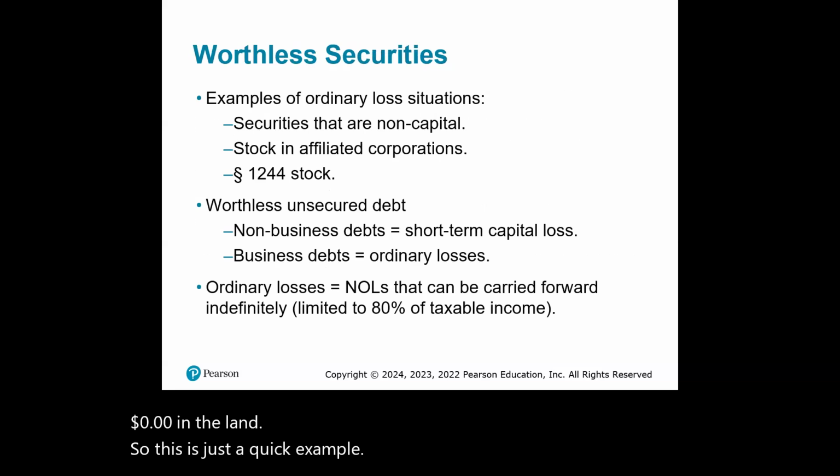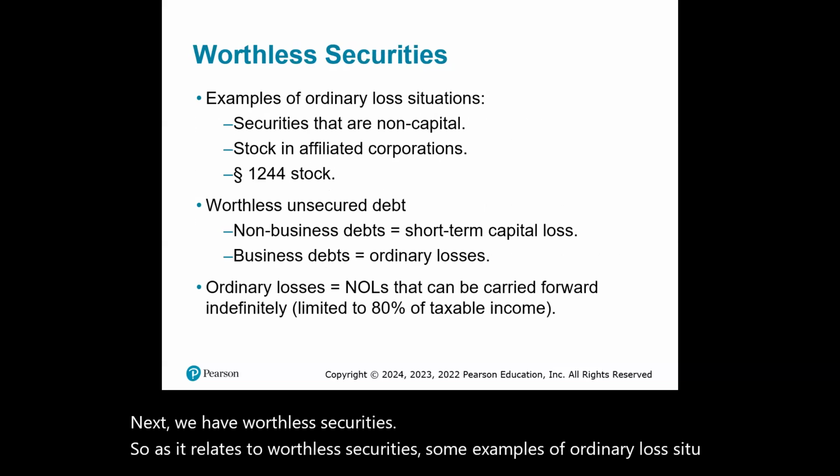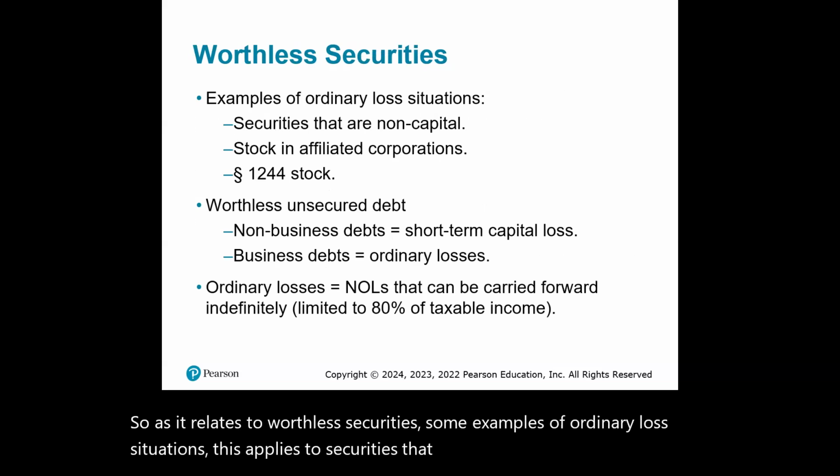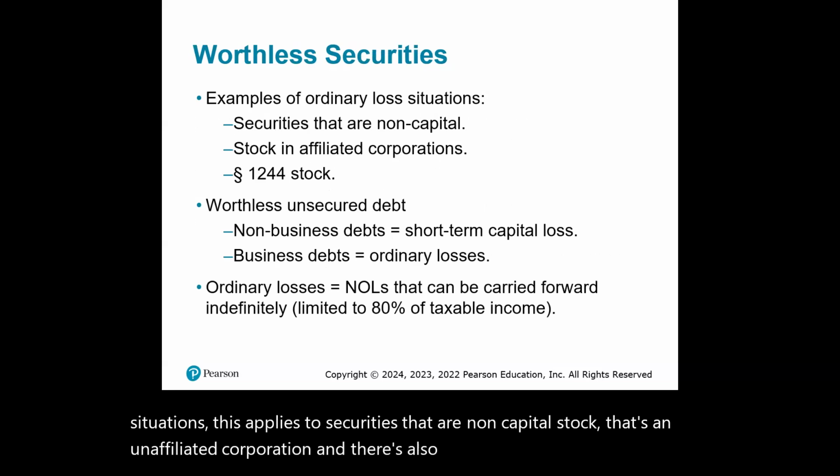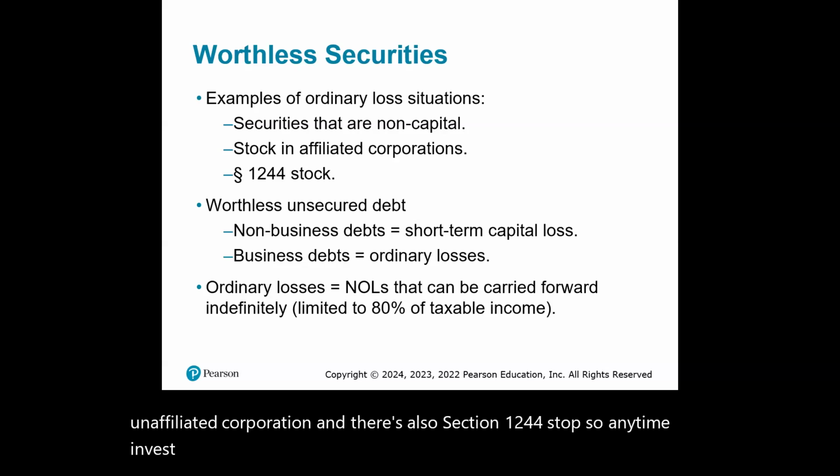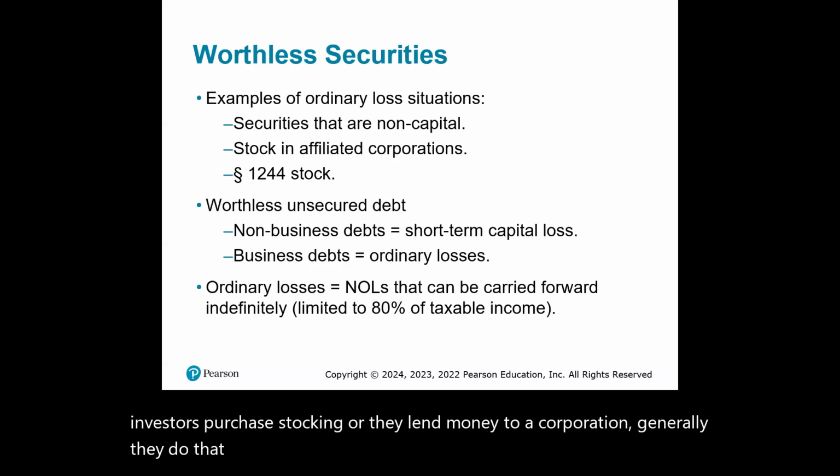Next, we have worthless securities. As it relates to worthless securities, some examples of ordinary loss situations apply to securities that are non-capital, stock in an affiliated corporation, and also Section 1244 stock. Anytime investors purchase stock in or lend money to a corporation, generally they do that because they want to earn a profit, or at the very least, they want to recover their investment.